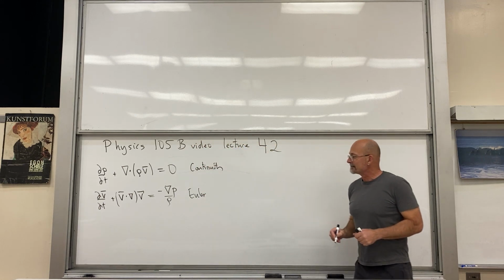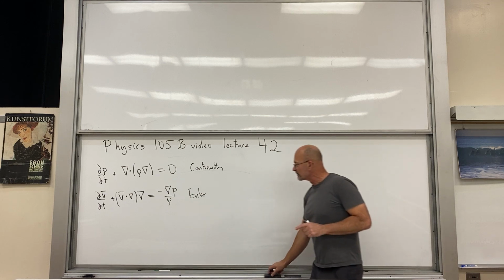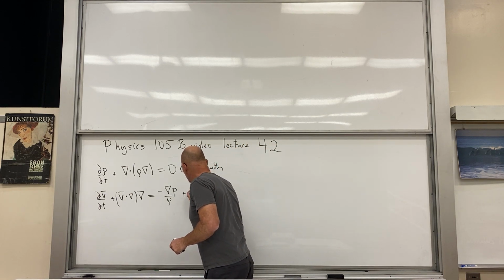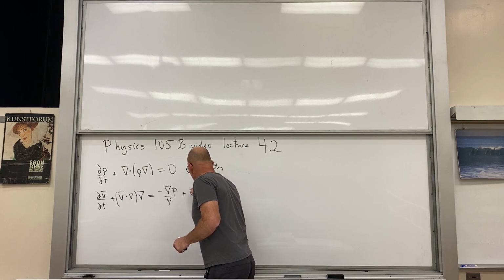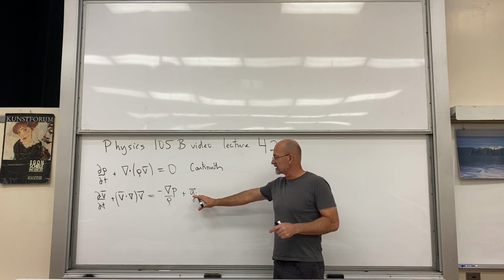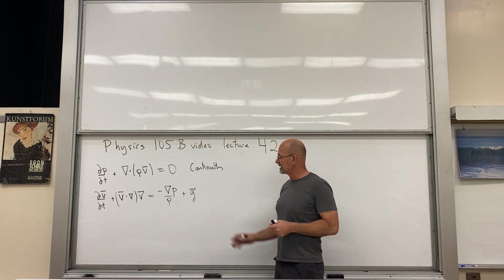Okay, so our first example, and by the way, I'm going to explicitly include the acceleration due to an external field. That's what this is, and typically it doesn't have to be, but it's gravity in this case.